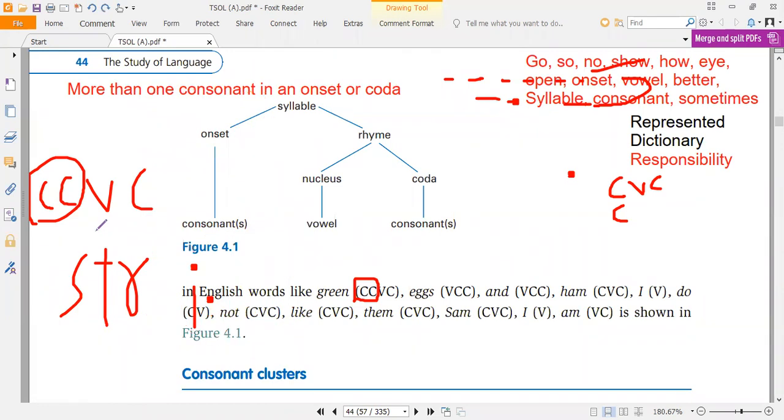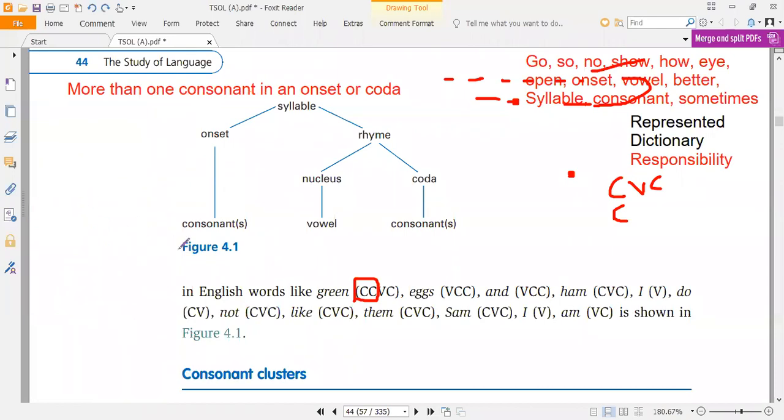There might be two, as in the word stand, S-T-A-N-D. The sounds are s and t, st, then the vowel a, and here we have n and d as well.